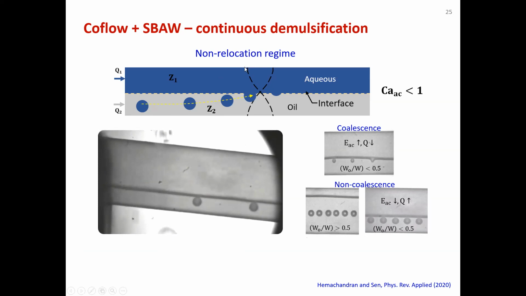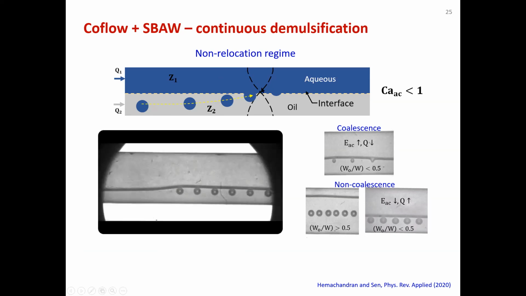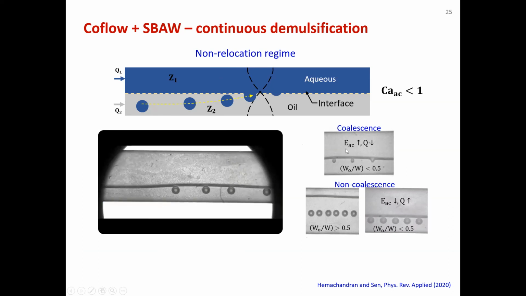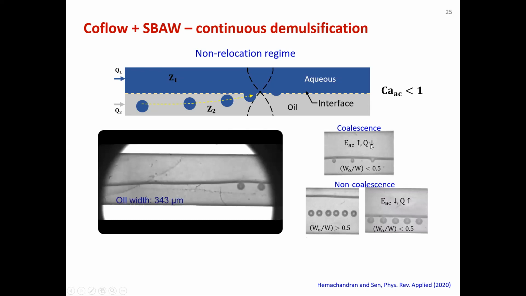One could expose them to a standing wave, and if your oil to channel width ratio is less than 0.5, your energy density is sufficient, and your flow rate is somewhat low, you could demulsify droplets like this.